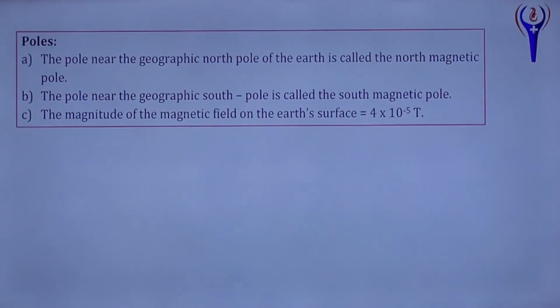The pole near the geographical north pole of the earth is called the north magnetic pole, and the pole near the geographical south pole is called the south magnetic pole. The magnitude of the magnetic field on the earth's surface is about 4 into 10 power minus 5 Tesla. Plus 2 students find BH of the earth using a tangent galvanometer in the physics laboratory in 12th standard.